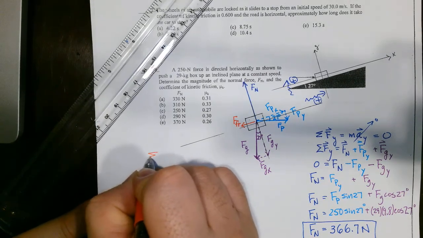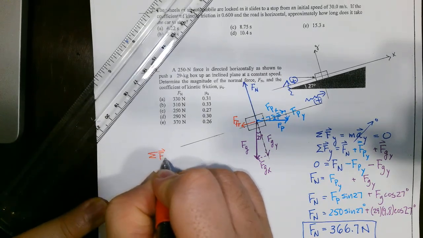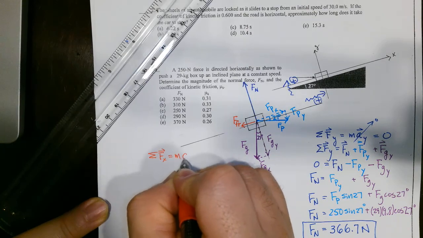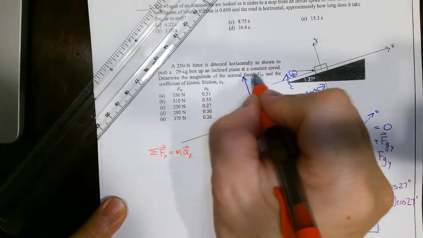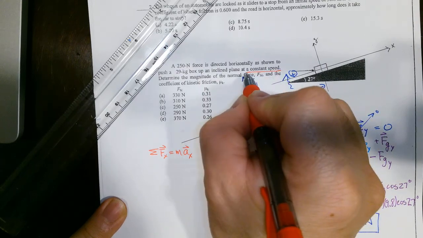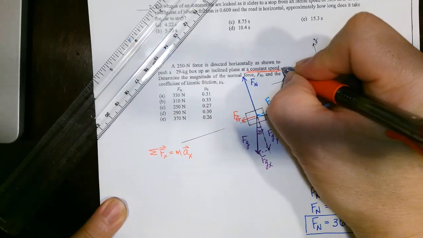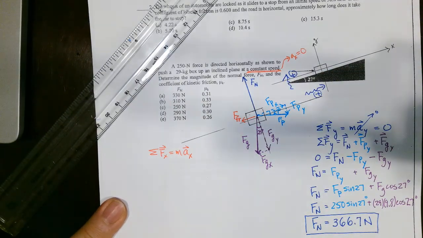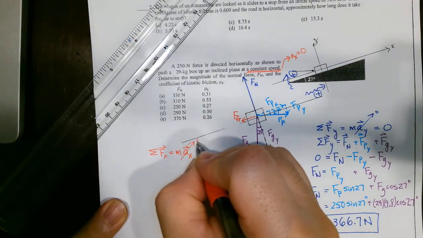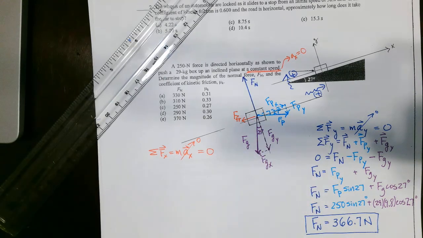So sum of all forces in the x direction is equal to max. But it is climbing at a constant speed. That means my ax is equal to 0. So if this goes to 0, this whole term goes to 0.